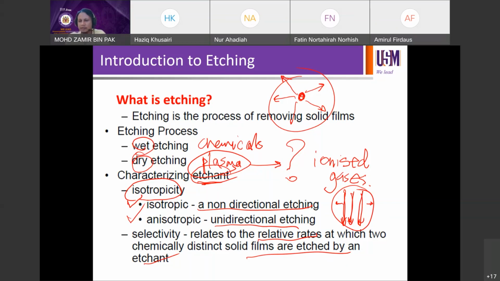Then that's the selectivity, because it only selects certain material to etch itself, ataupun dia will be etched by only specific chemical. So that's called selectivity. Maksudnya kalau letak certain chemical, you letak silicon dioxide in HF, it will be etched. Kalau letak silicon dioxide in water, it will not be etching. Okay, so that's called selectivity. So they're selective towards the etchant.